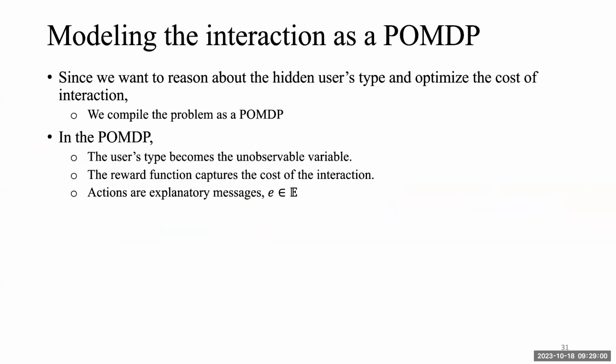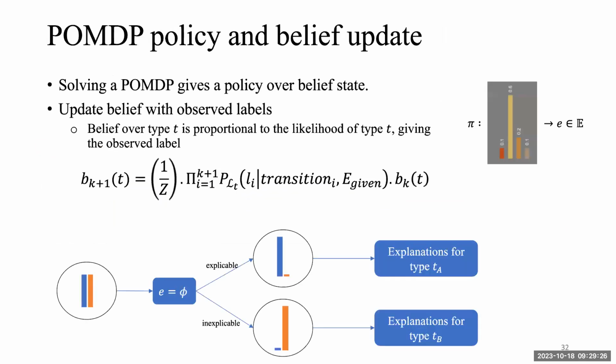All right. Having said that, we want to reason about the hidden user's type and optimize for the cost of interaction. So we can compile this problem as a partially observable Markov decision process. In this POMDP, the user's type becomes the unobservable variable. The reward function will capture the cost of interaction, and the actions that the agent can take are explanatory messages. With that, the POMDP will give us a policy over belief state.